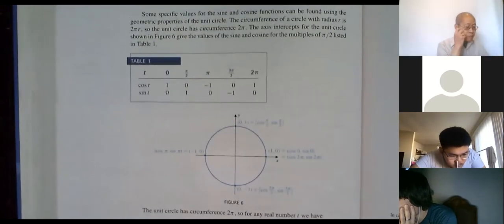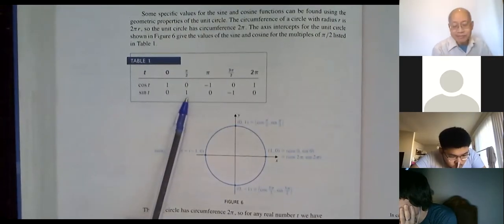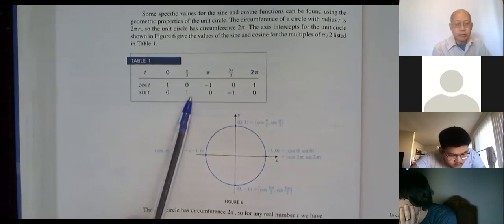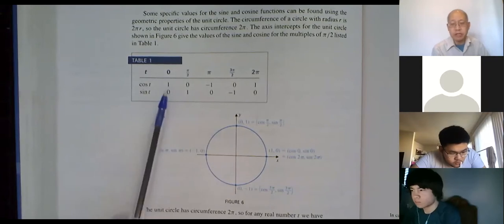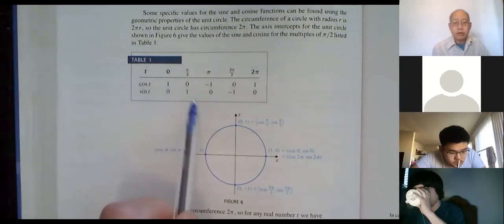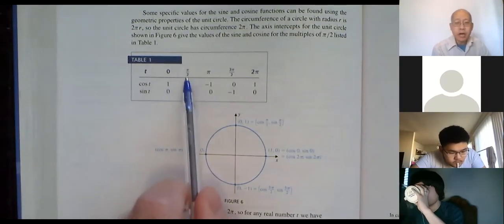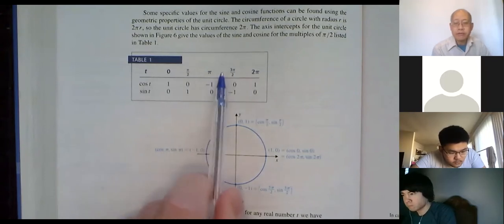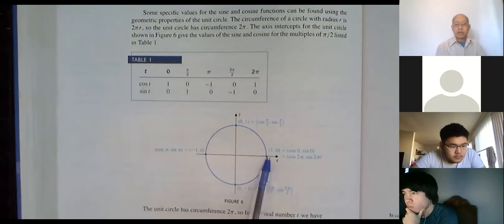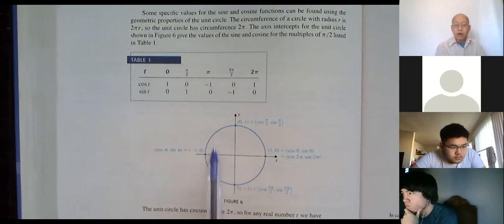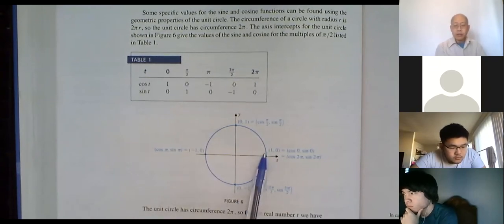All right, then a little table here. And again, if you want to put it in your cheat sheet, you may, or think of the unit circle. If we were meeting face-to-face, I'd make you guys memorize it. But a little chart for 0, pi over 2, pi, 3 pi over 2, 2 pi. Now, hopefully, you're somewhat familiar with these angles. Here's 0. If I go all the way around, it's 2 pi.